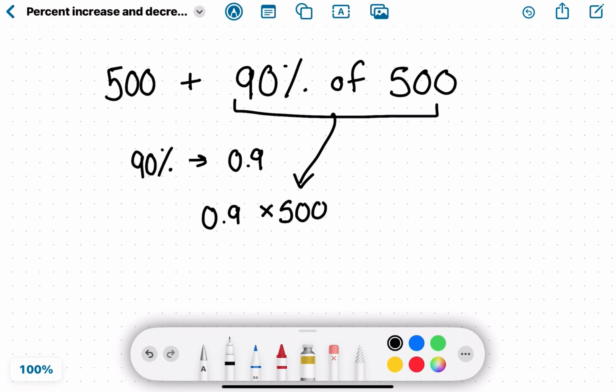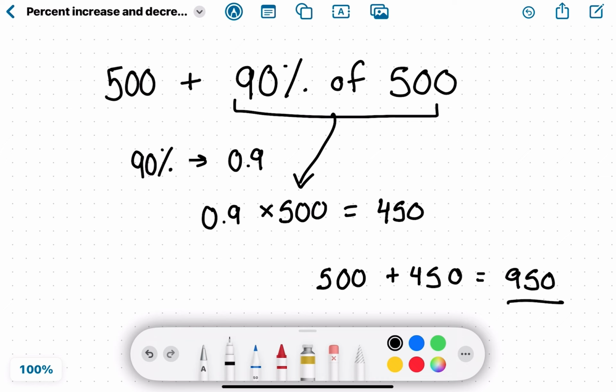I'm going to use my calculator to calculate that. That is 450. So essentially we're doing 500 plus 450, and that's equal to 950. There we go.